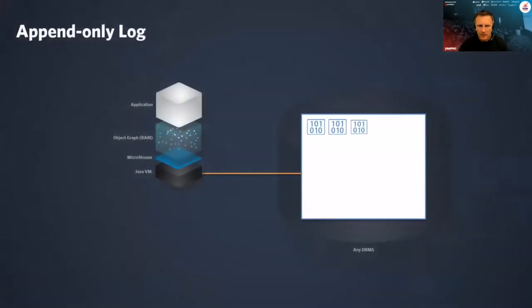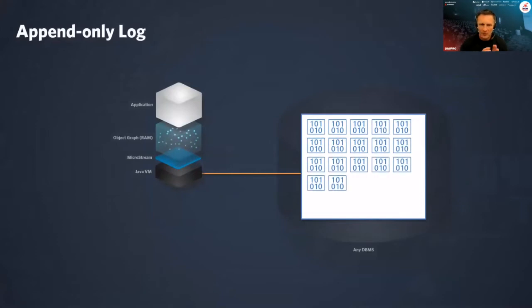Here we can see a small animation. So when we call a store method, then we store the binary appended to the disk, appended to the file storage. So if you call a store method 100 times, you will store the object 100 times appended to your storage.